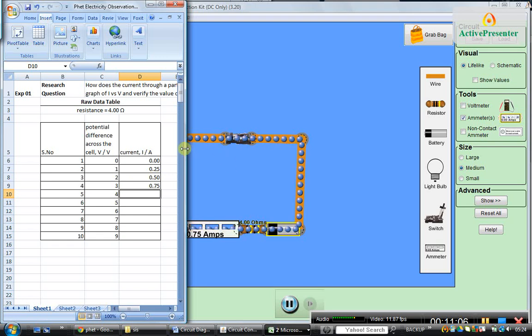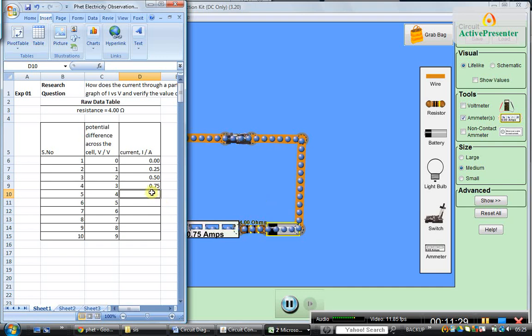Now here, since we are doing the experiment on a simulation, all the values are exactly perfect, like as you expect, right? I is equal to V by R. So whatever is the V value, if you divide it by the R value, you will get this. So you'll be tempted to note down the values for the remaining without doing the actual measurement. Don't do that.